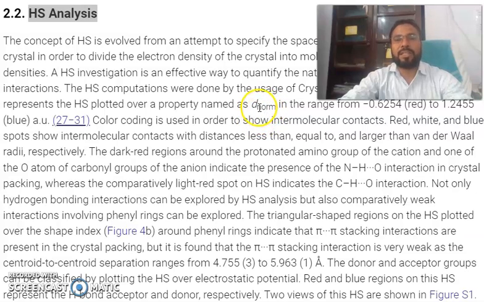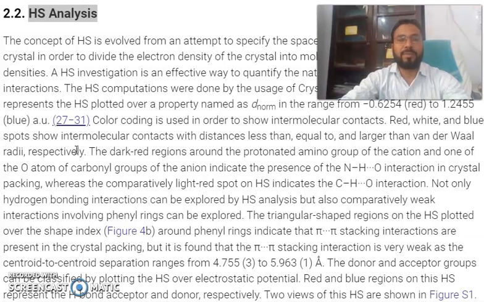This is the writing style; you also remember d is italic and norm is subscript. In the range from red to blue, color coding is used in order to show intermolecular contact. Red, white and blue spots show intermolecular contacts with distances less than, equal to and larger than the van der Waals radii, respectively.